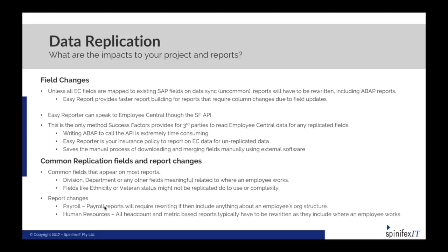But you don't have to worry, because even if you're not replicating that data, you do always have the ability to pull it down. It's just that it's going to be a lot faster if you do have that data replicated. So probably the key part to keep an eye on is any changes to your org structure, because that generally impacts all of your reporting, and we don't want to lose any data or miss out on any of that reporting.